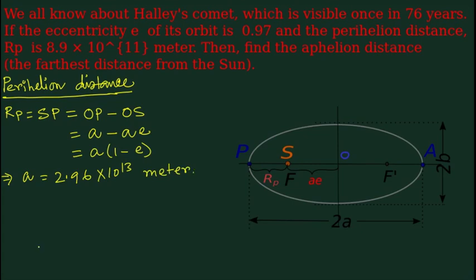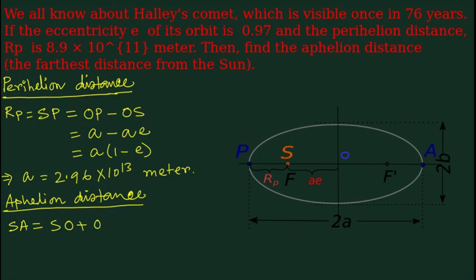Now the aphelion distance, that is SA, equals SO plus OA. SO equals A times E, plus OA, that is the length of the semi-major axis, that is A. That is equal to A times (E plus 1).